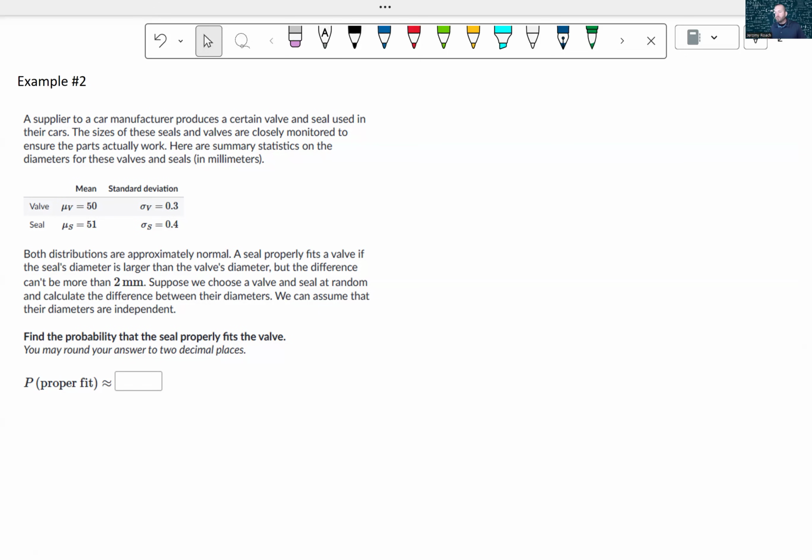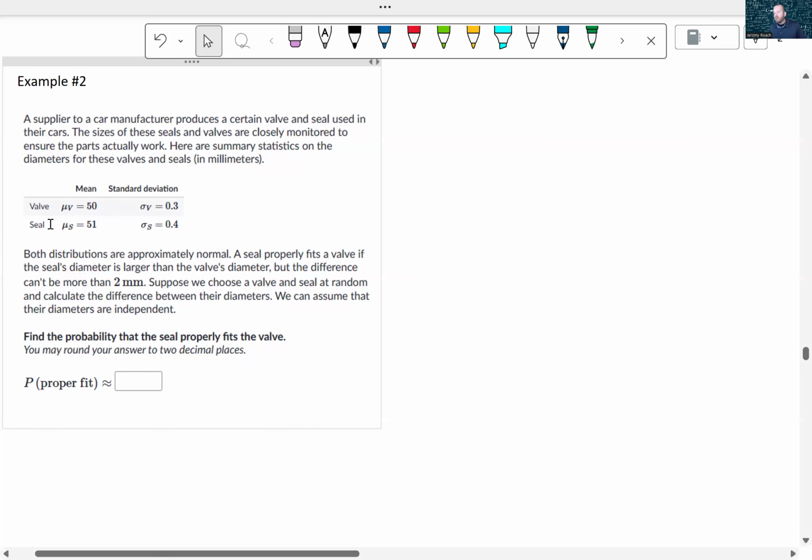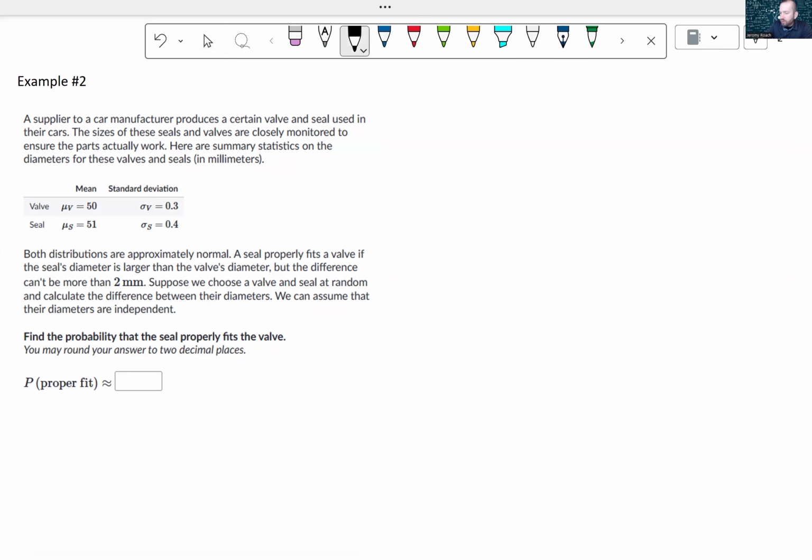It tells us a summary of the stats of the diameters for these valves and seals in millimeters, in terms of their average and their standard deviation for both the valves and the seals. Okay, so it tells us that we're looking at an approximately normal distribution. So that's a good thing. That means we can use our Z table again for this problem.